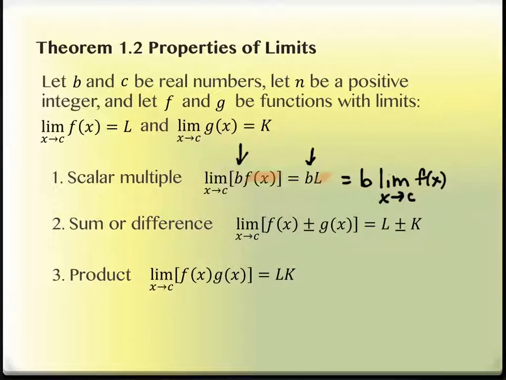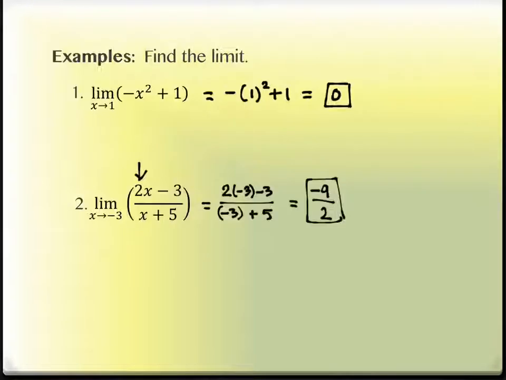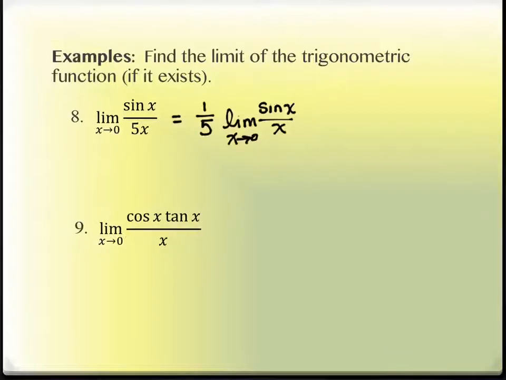And I said you can pull it out in front. That's what we're doing. We are taking that 1/5 factor and pulling it out in front on this particular problem. And it's cool because then I do have that limit of 1 there. This is 1. So what is 1/5 times 1? It's 1/5. Okay.